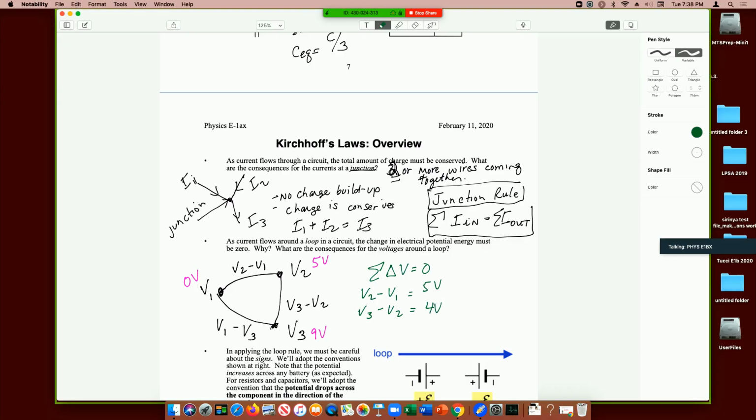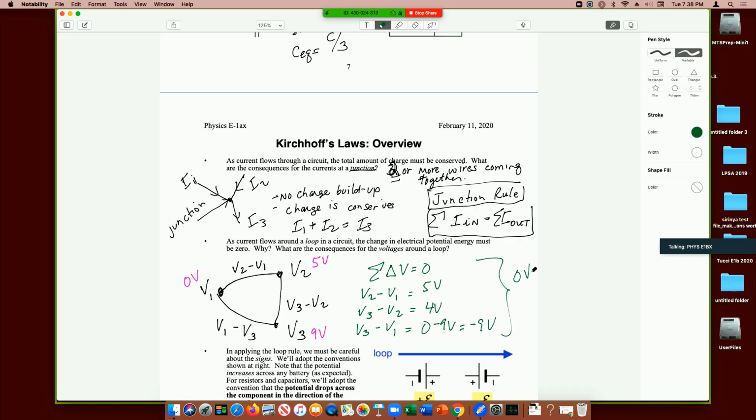From V3 back to V1, it's V1 minus V3, which is 0 minus 9, or minus 9 volts. If I add these three together, I get 0 volts.